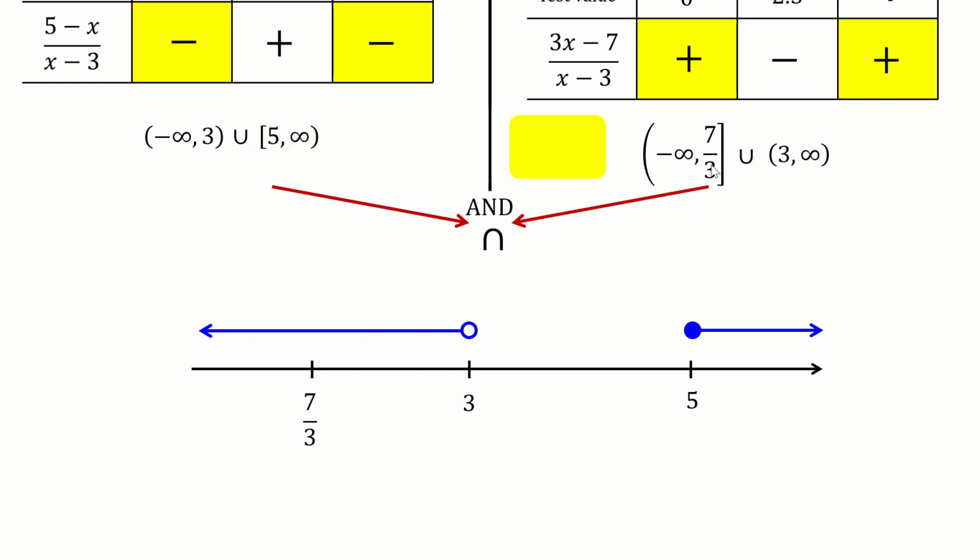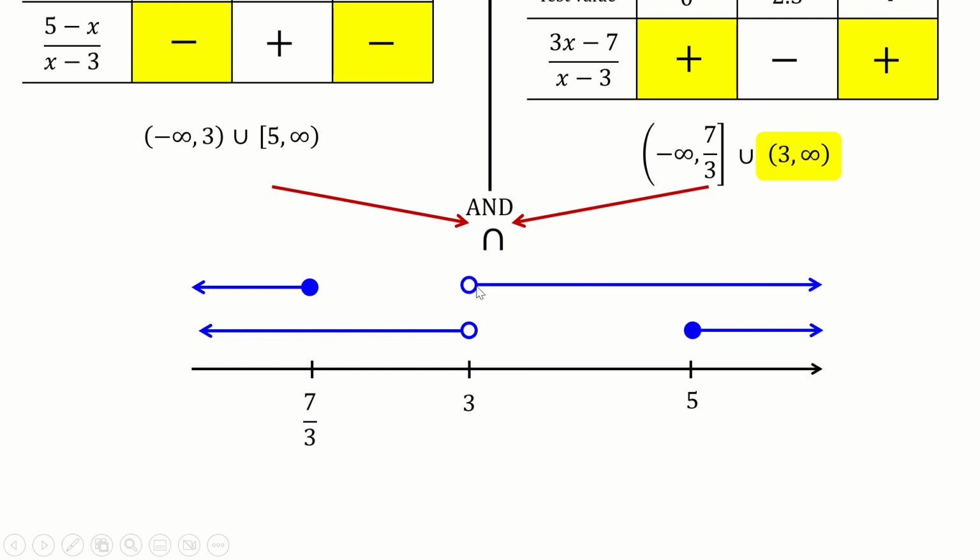Next interval is from negative infinity to 7 over 3, or this is less than or equal to 7 over 3. So 7 over 3 is included, and the arrow is pointing to the left, and then greater than 3. From 3, we just put a circle without a fill because 3 is not included, and the arrow is pointing to the right.